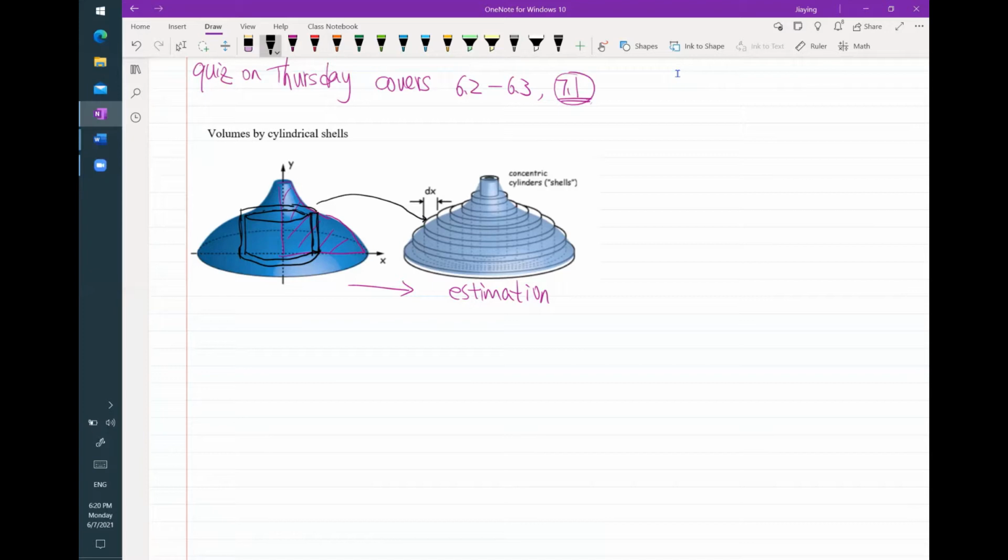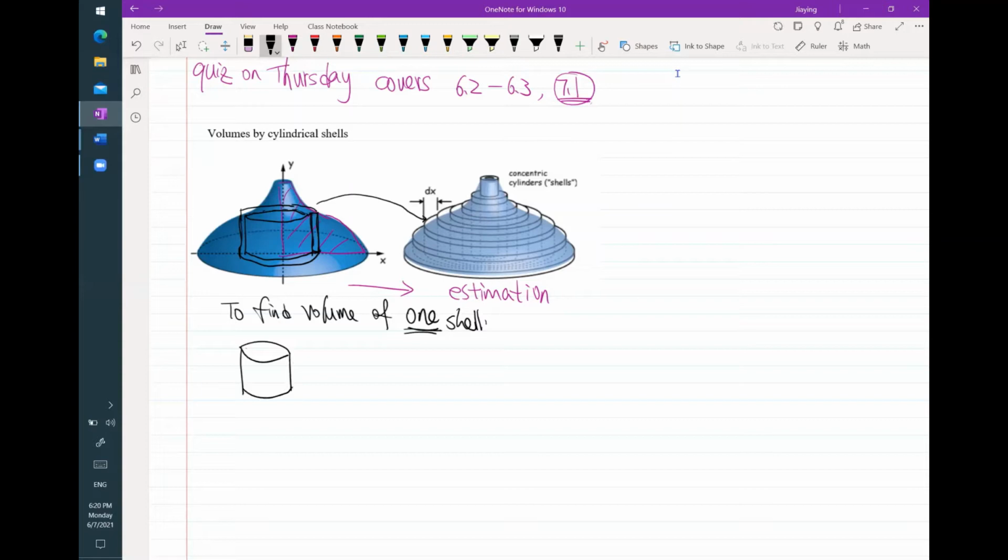Now, how do we find the volume of each shell? To find the volume of just one of them, not all of them, one shell, we can imagine taking the shell. Let me redraw that shell in the middle there.